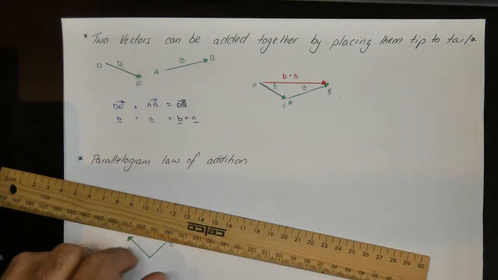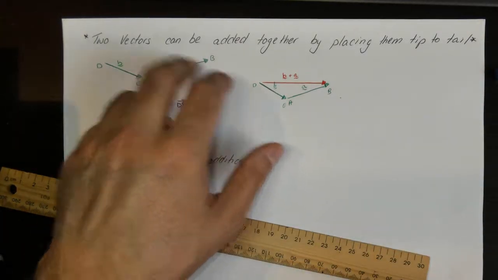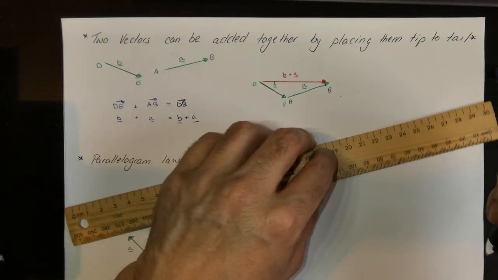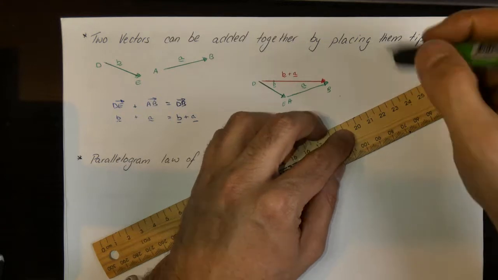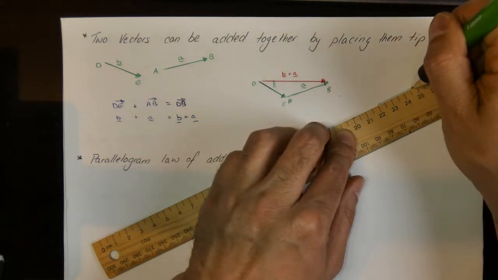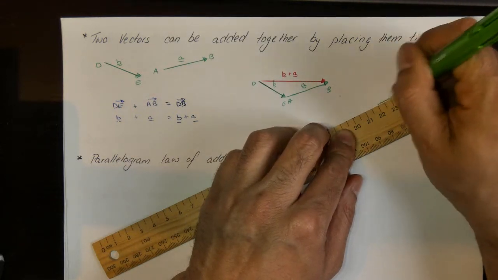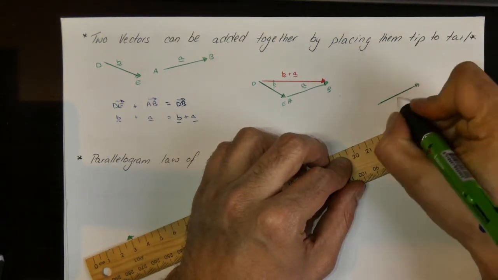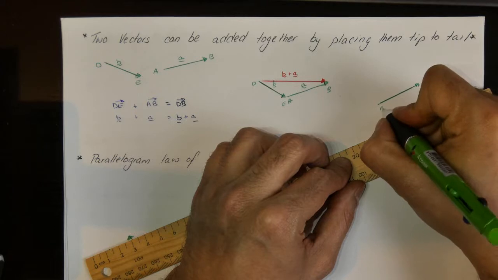Okay, now obviously if I wanted to do A plus B, I would then put my A vector, which was 3 units, so this is AB.